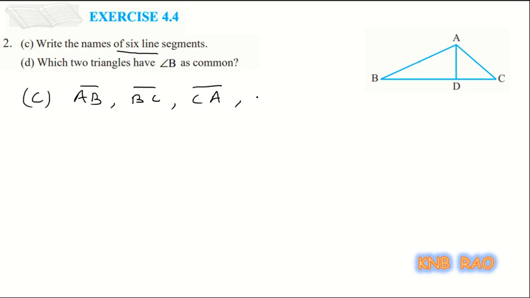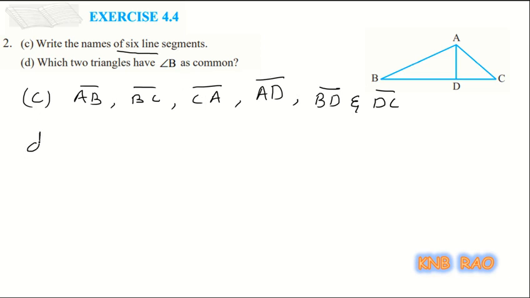Now by drawing AD, I got one more line segment AD, and BC divided into two parts, one being BD, another being DC. So total 6 line segments I have in this figure.